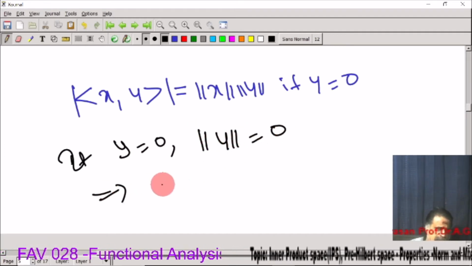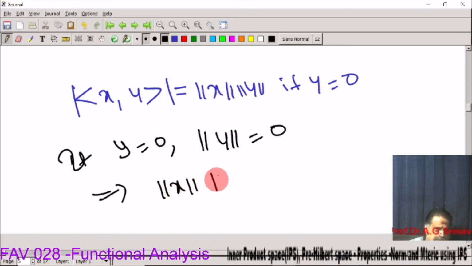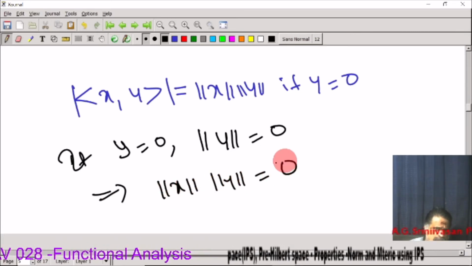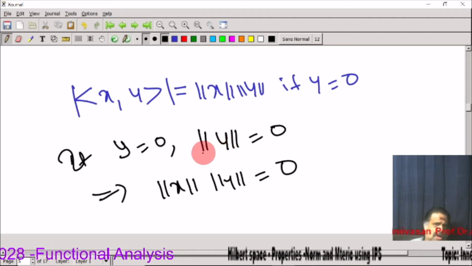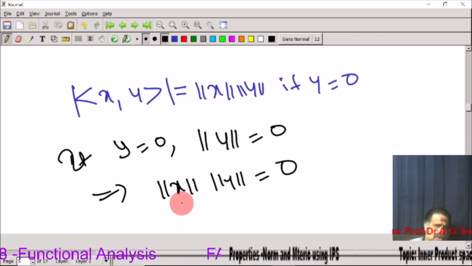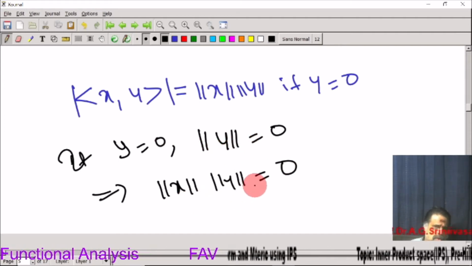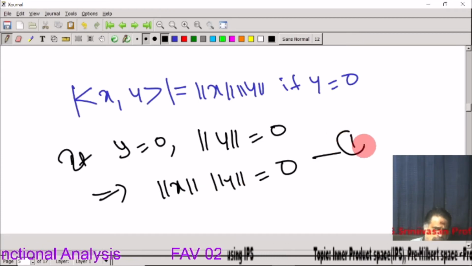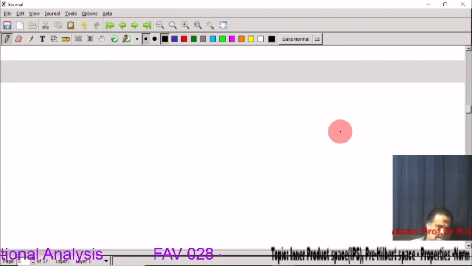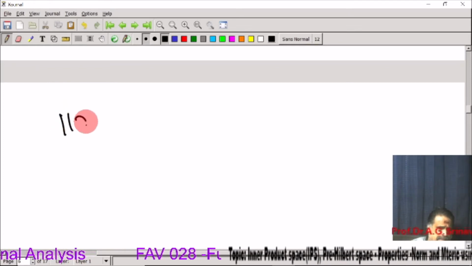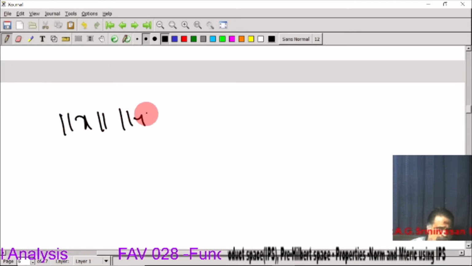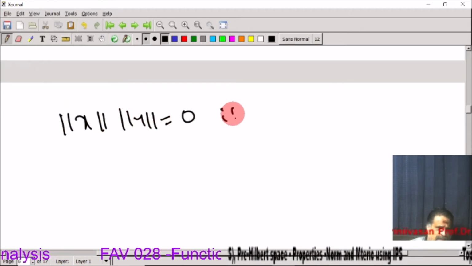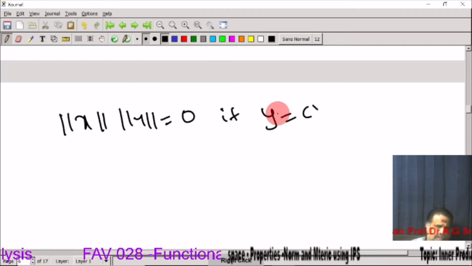This implies norm x into norm y is equal to 0, because if y is equal to 0, norm y is 0. So norm x into norm y is norm x into 0, which is 0. I'll call this equation number 1. I'll write one more time for reference: norm x into norm y is 0 if y is equal to 0.